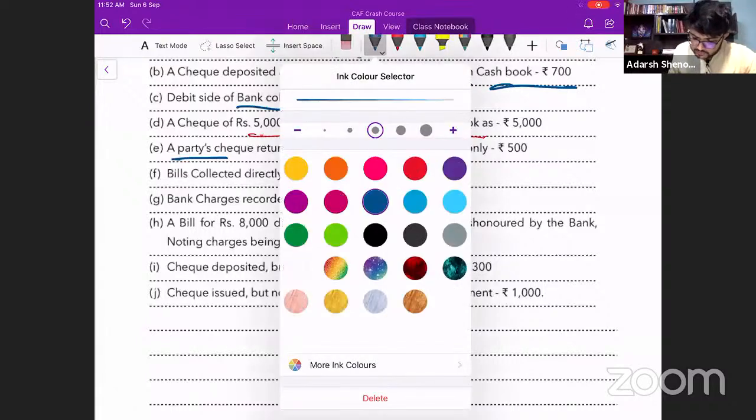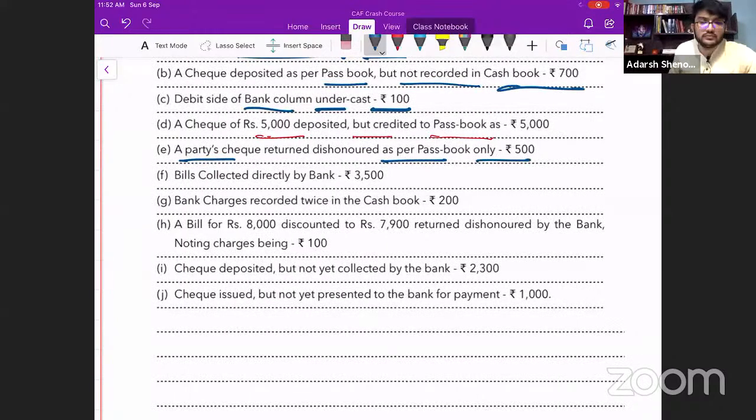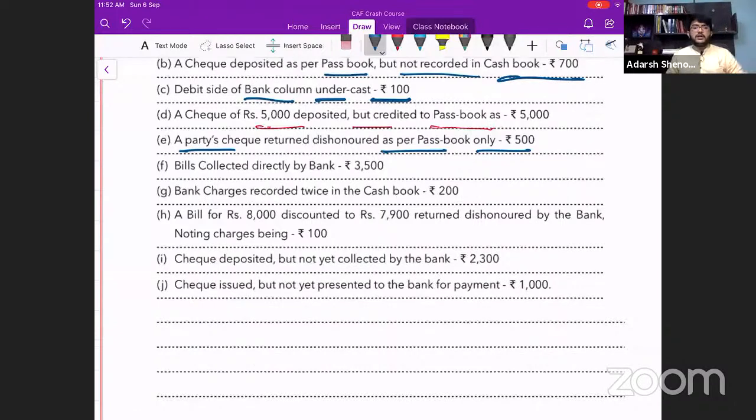Next one. A party's check written dishonored as per passbook only, 500. Which book has moved because of this check? Did we deposit this check or did we issue it? We deposited a check. It was written dishonored and recorded only in the passbook. So this is basically check deposited, dishonored. We discussed this point earlier today.